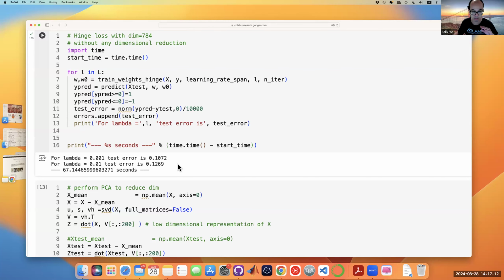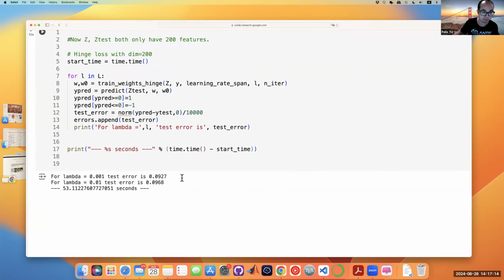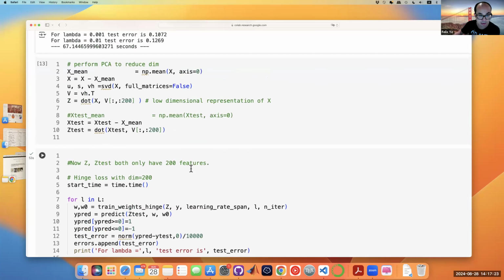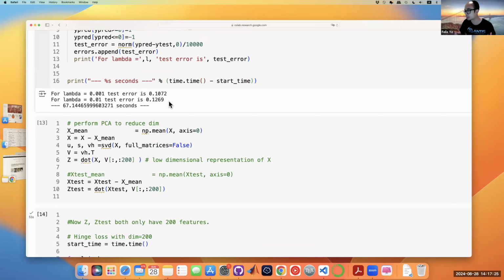As a result, we will have a better test error. In this case, we are getting about 0.09 versus 0.1. Okay, so you can see this is a significantly better comparison in terms of speed and performance with PCA or without PCA.